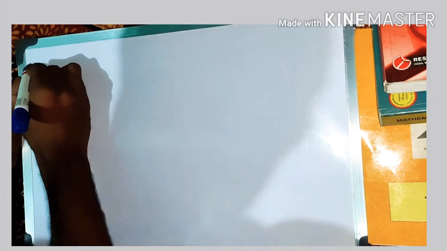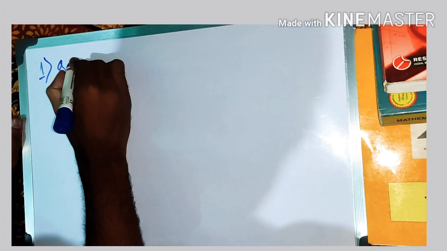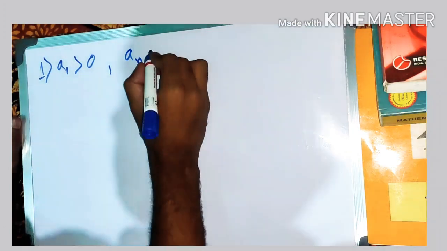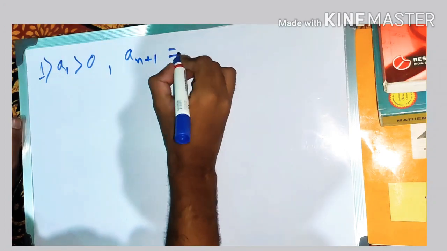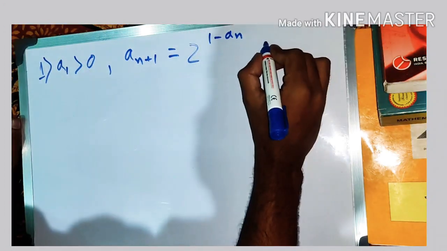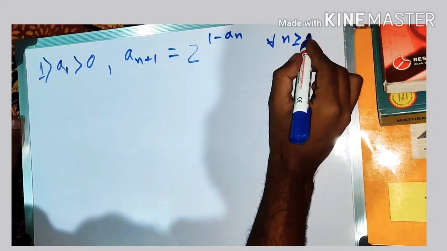Now you can prove these two problems yourself. Problem number 1: a1 greater than 0, an plus 1 equals 2 to the power 1 minus an for all n greater than or equal to 2.